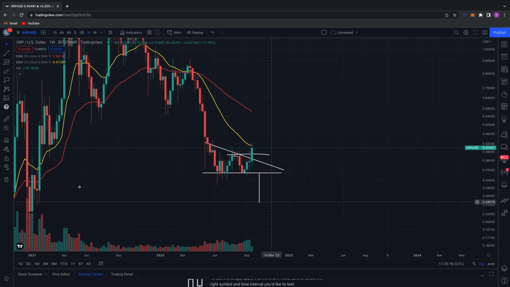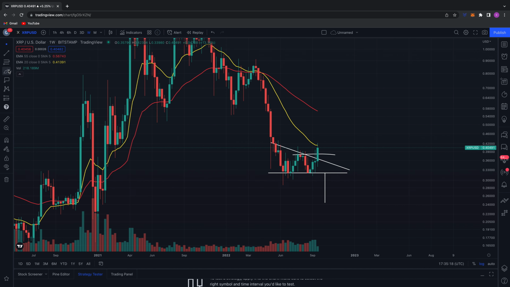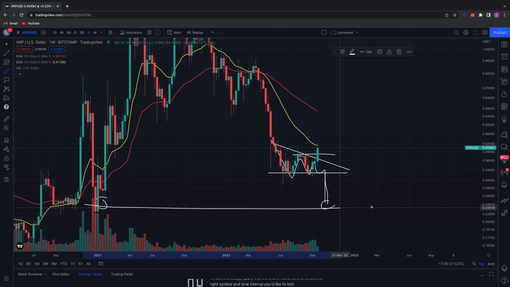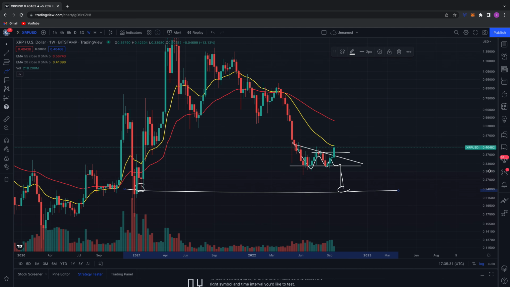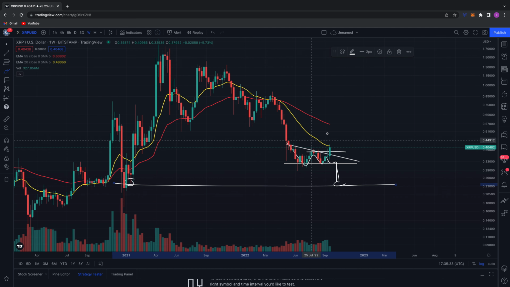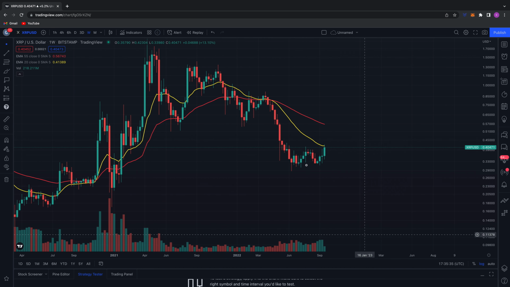And XRP would be retracing basically back to this low, these wick lows here that it had in 2021. Okay, you'd basically be doing something like this, lower highs, boom, have another capitulation wave down, and at that level I'd expect a bounce. Okay, and that could be a potential certain wave down of Elliott wave theory or something like that.